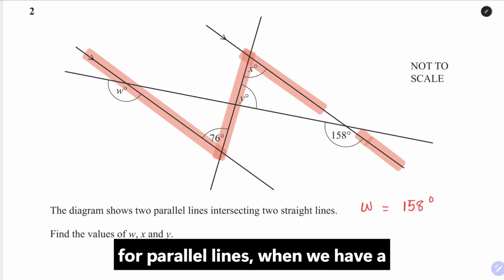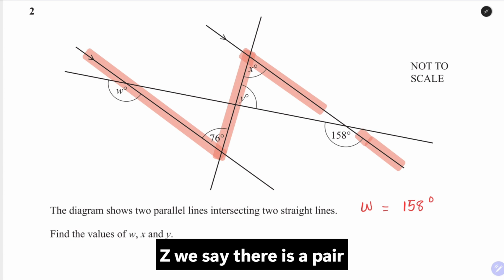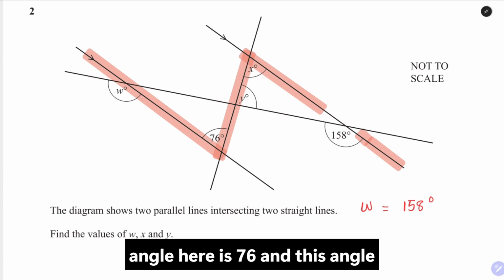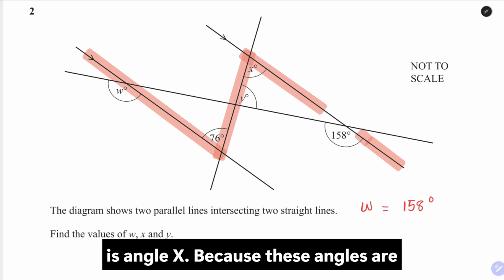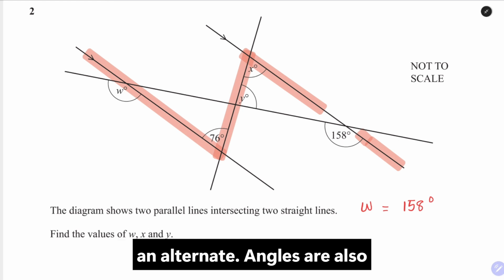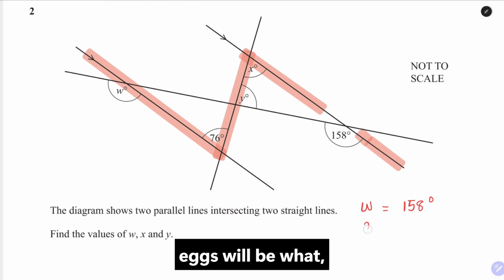Now, for parallel lines, when we have a Z, we say there is a pair of alternate angles. If you notice, this angle here is 76 and this angle is angle X. Because these angles are making a Z, we say they are alternate. And alternate angles are also equal. Therefore, our angle X will be what? 76 degrees.